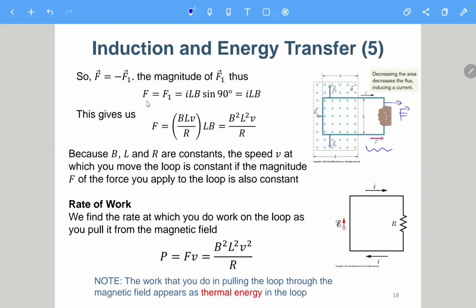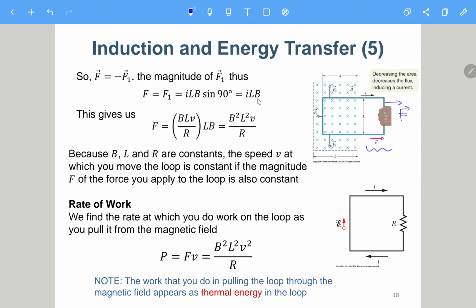So F equals F1 equals I times L times B times sine of 90 degrees, because L and B are perpendicular to each other. Sine of 90 degrees is 1. So F equals ILB.